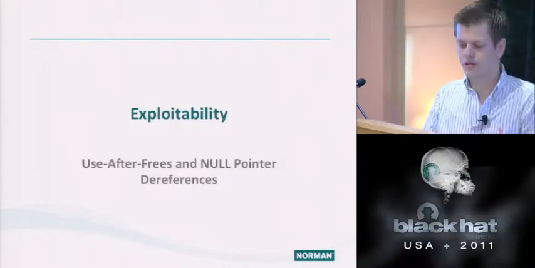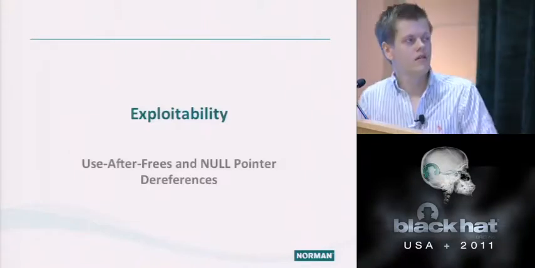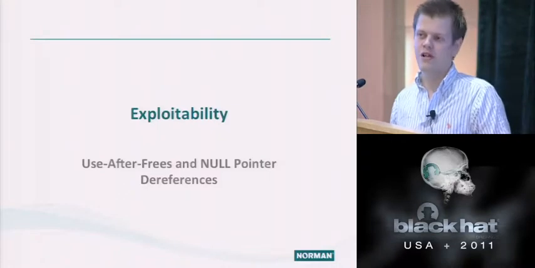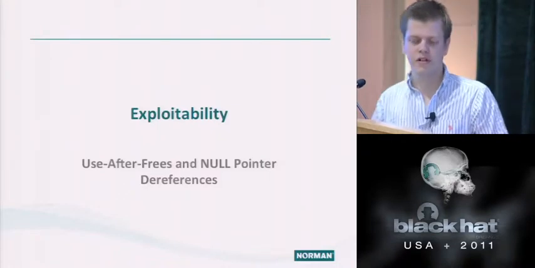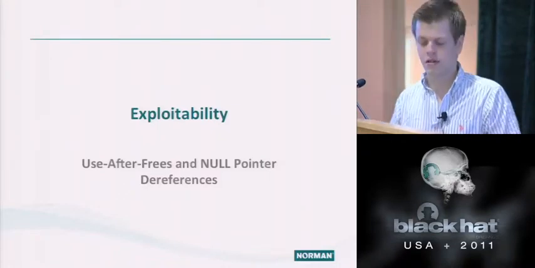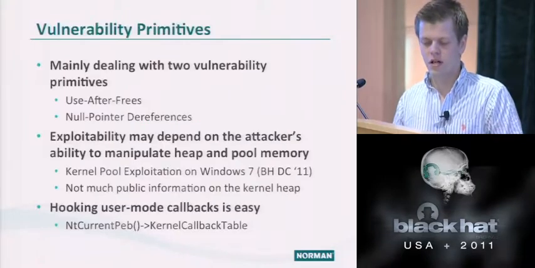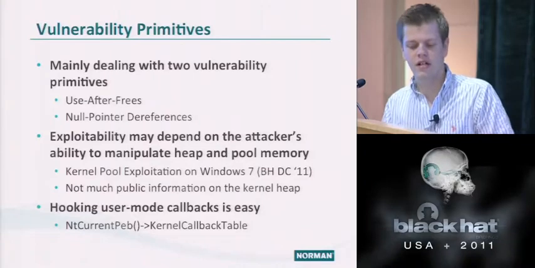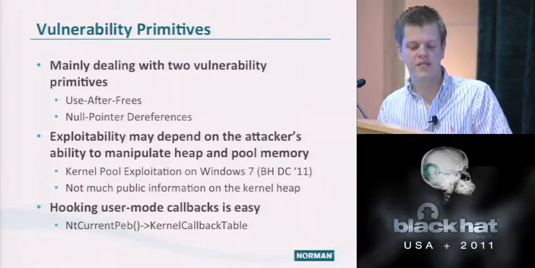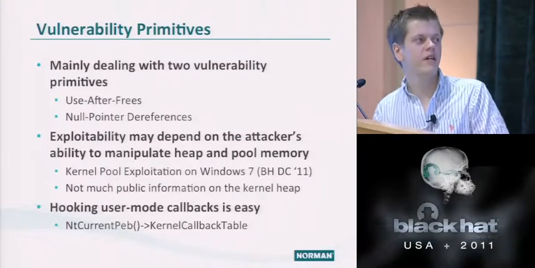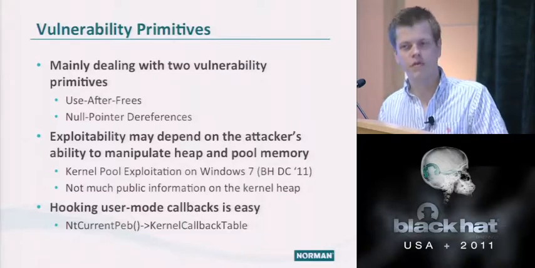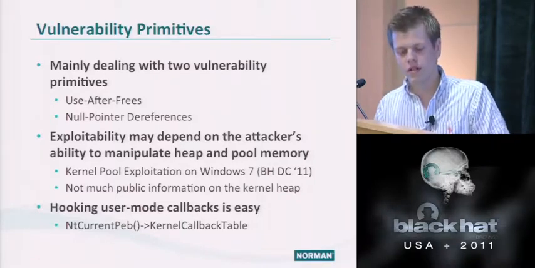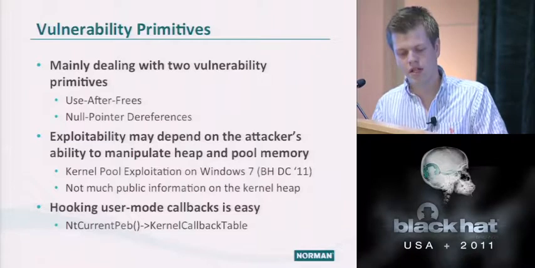So on to exploitability. Most of these issues are related to use after free and null pointer dereferences, so we'll look at those. In the case of use after free, it mainly depends on the attacker's ability to manipulate either the heap or the kernel pool, the kernel heap, so to speak.